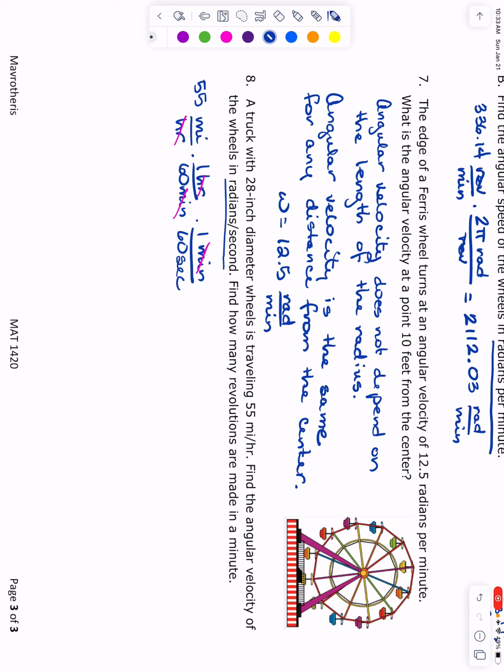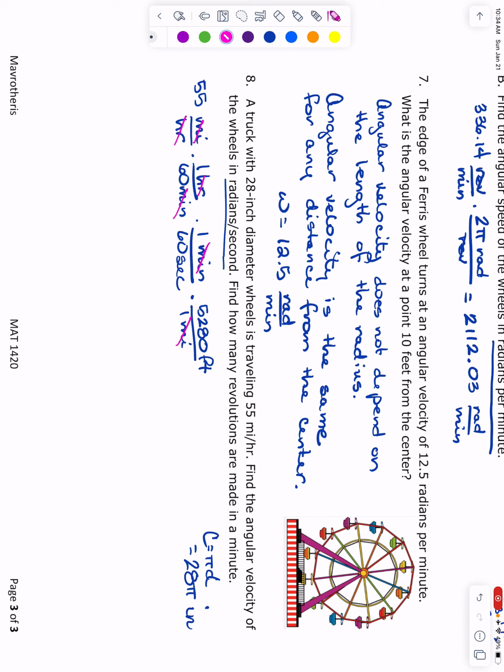Okay. I also know that because my circumference is going to be in inches, circumference is pi times the diameter, 28 pi inches. I need to convert from miles to inches. So I have miles in the numerator. My 1 mile goes in the denominator, 5,280 feet.